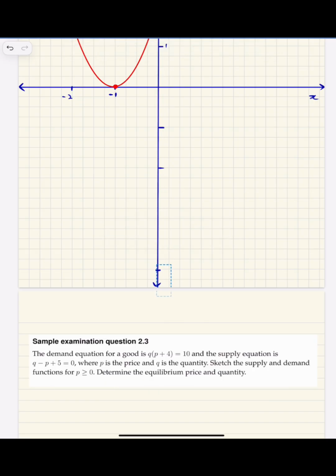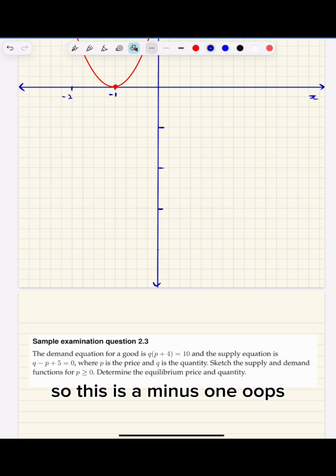So 1, 2, 3, 4 on each axis. So this is minus 1, minus 2, minus 3, and minus 4.